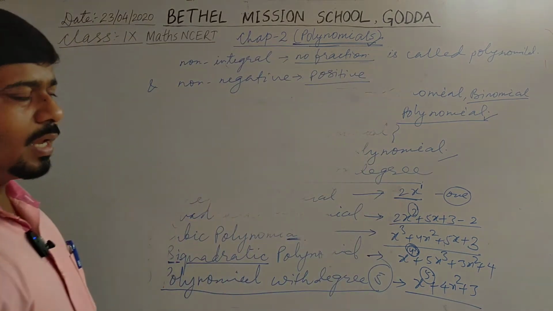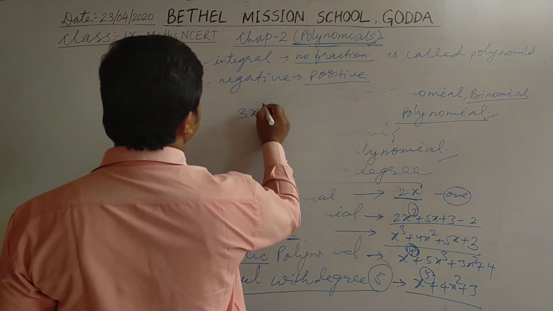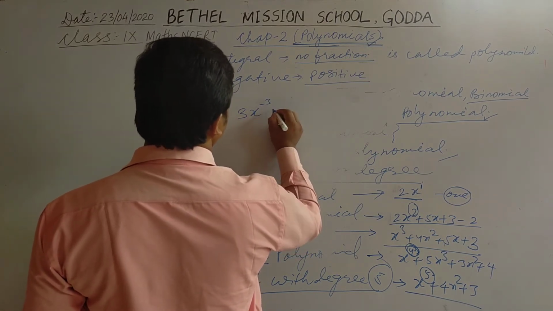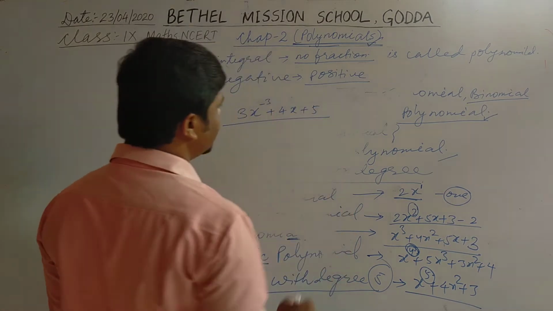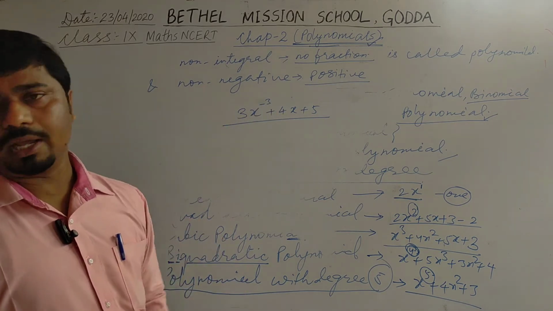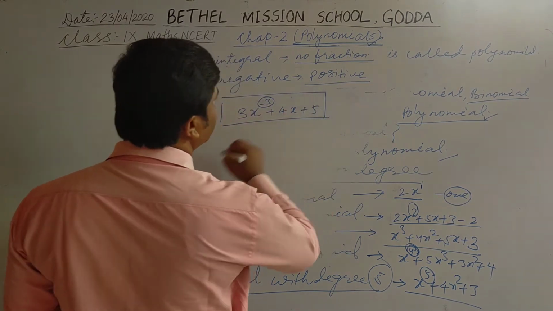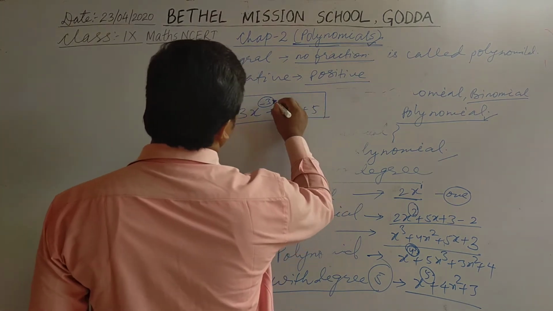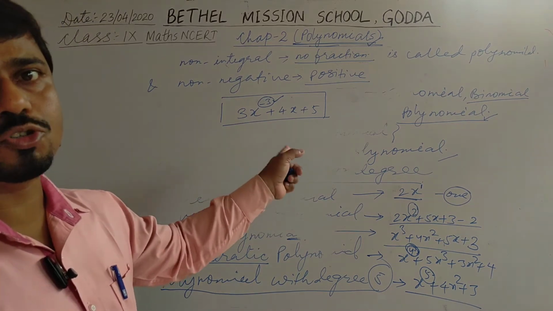Suppose 3x raised to power minus 3 plus 4x plus 5. You can see the power is minus 3, negative, so this is not a polynomial. The power should not be negative, it should be non-negative, means positive.